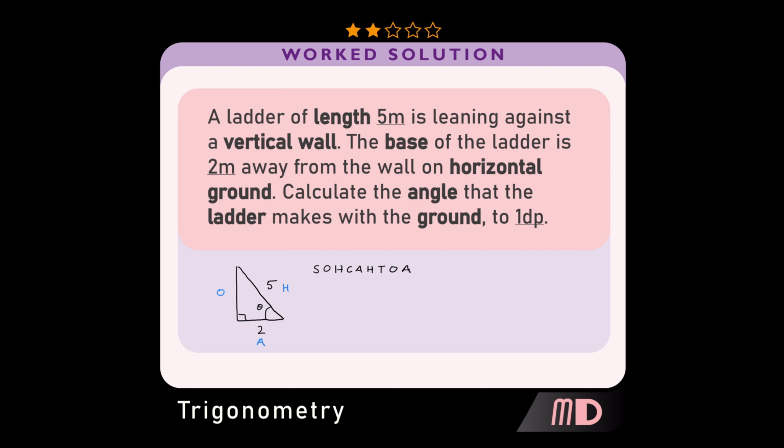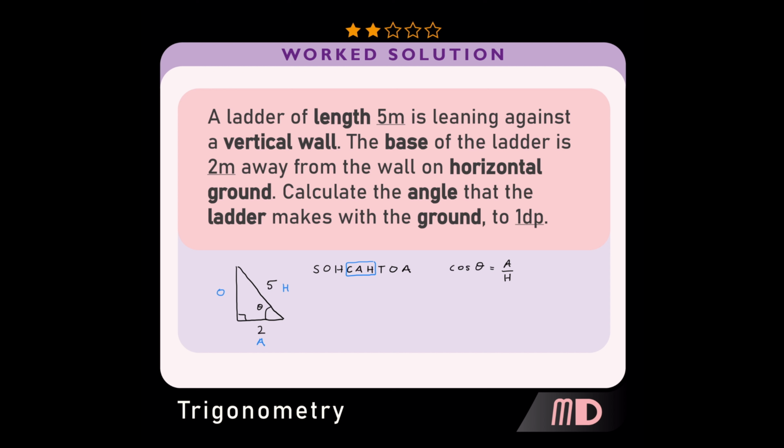We've been told the hypotenuse and the adjacent side, so the appropriate trigonometric ratio is the cosine ratio, and the cosine of theta is equal to the adjacent divided by the hypotenuse.